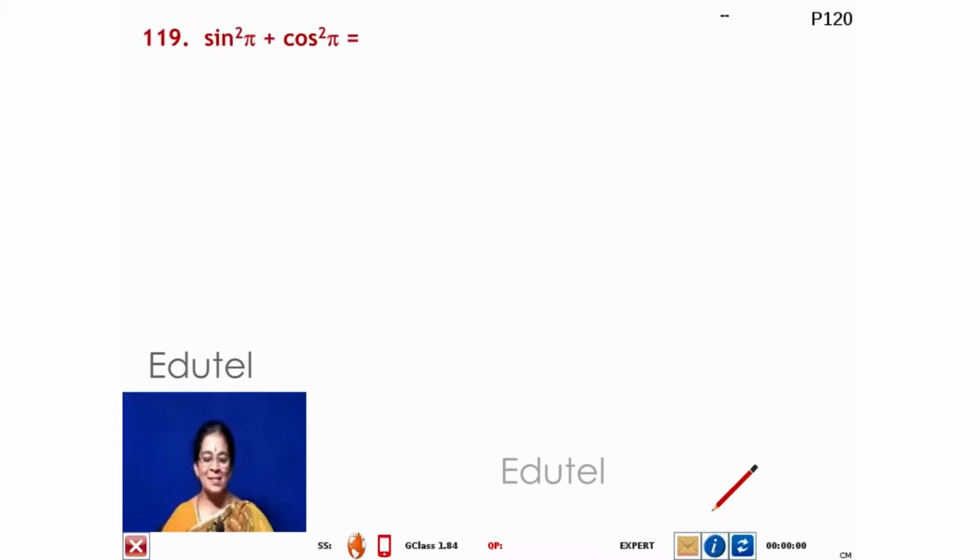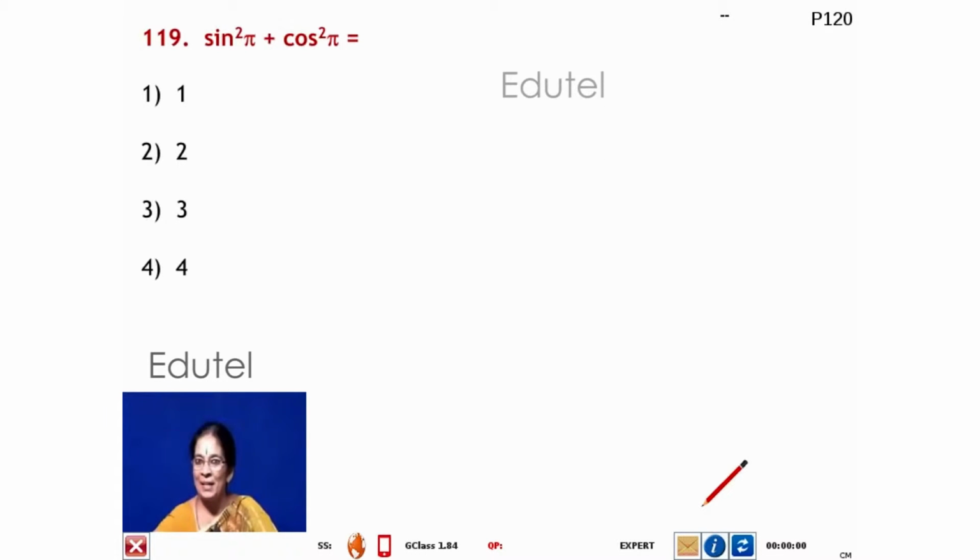Coming to the second question. Sine square pi plus cos square pi is equal to. It is actually looking different, but it is the same. It is same as sine square x plus cos square x. Only difference is in place of x you have pi.